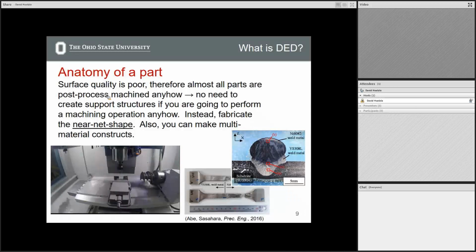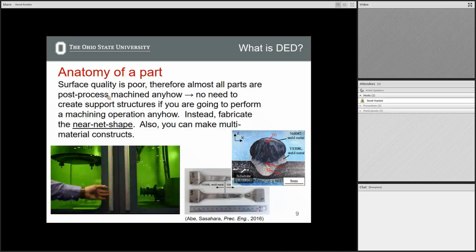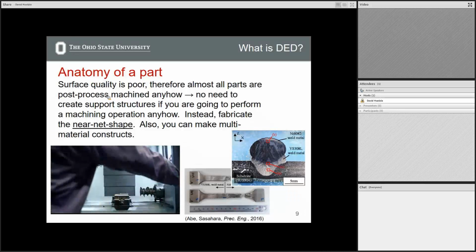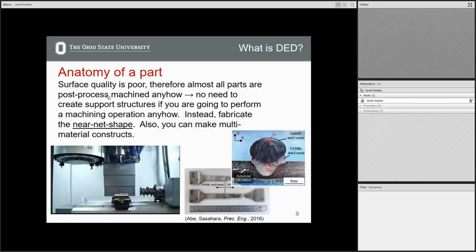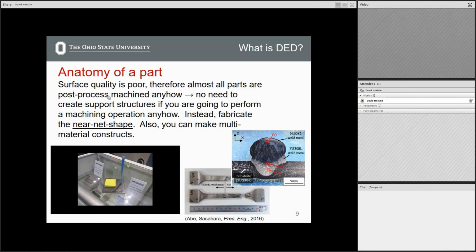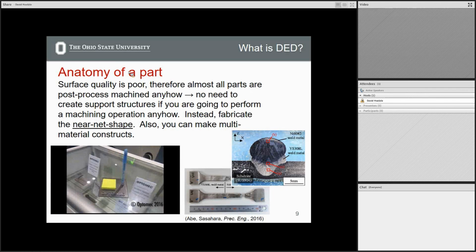What this allows you to do is if you have some sort of internal structure that you want to be finish machined, you can do this because at certain layers those internal structures will be open. It doesn't really help if you have something on the top surface, but it does allow you to get some better quality. So here's a part.